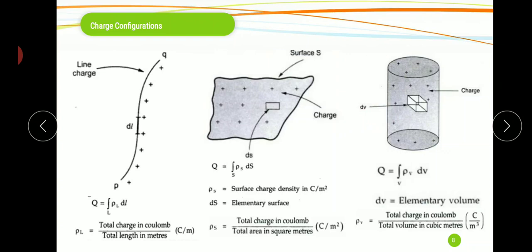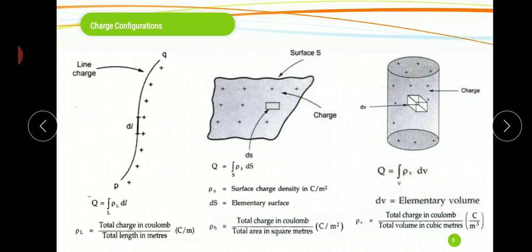In the same way, charge in the case of volume charge is integral rho v dV. Here rho v is called volume charge density, and the rho v expression is total charge by total volume, and the units for rho v is coulomb per meter cube.